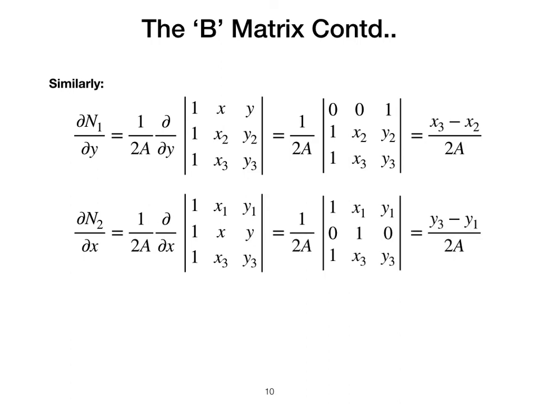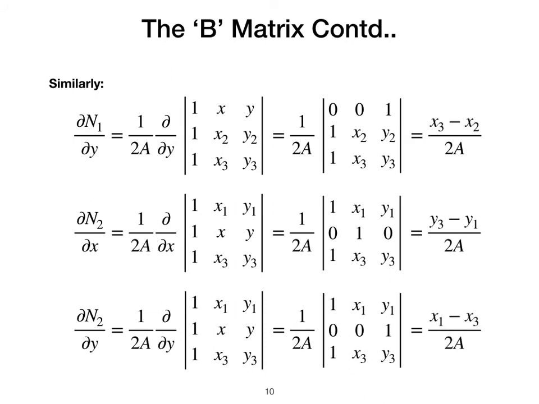Del n2 over del x, or the partial derivative of n2 with respect to x, will be given by 1 over 2A multiplied by the derivative of the determinant of a matrix having 1 x1 y1, 1 x y, 1 x3 y3 as members, and the value you get is (y3 minus y1) divided by 2A.